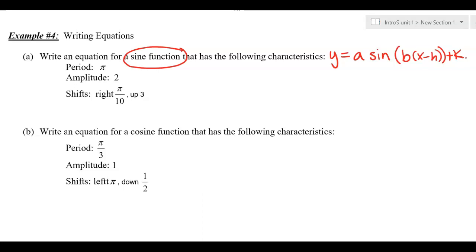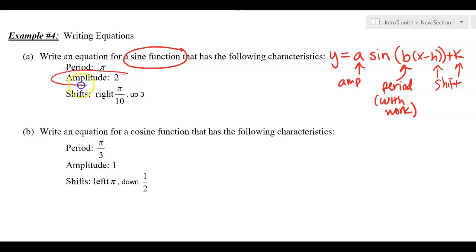Remember that your H and your K are exactly your shifting, either left and right or up and down, and that your A does correspond exactly to your amplitude. The B does correspond to the period, but with work, meaning you can't just plug in the number like the rest of them.